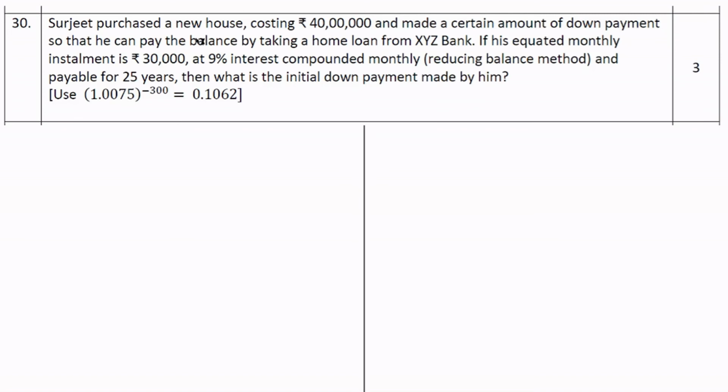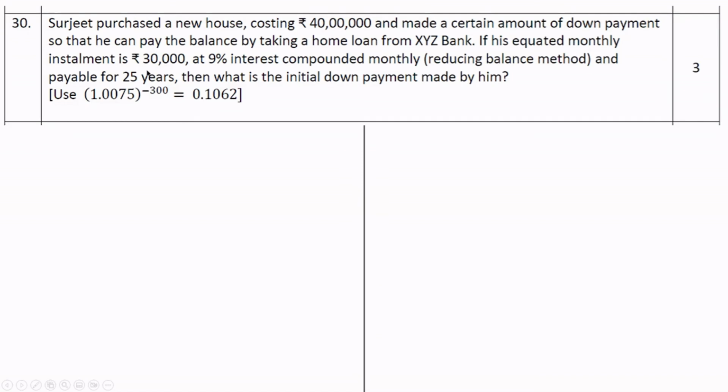So here we can see that Surjit has purchased a house costing rupees 40 lakhs and made a certain amount of down payment. That is what we have to find. And the balance he has paid by taking a home loan from the bank.